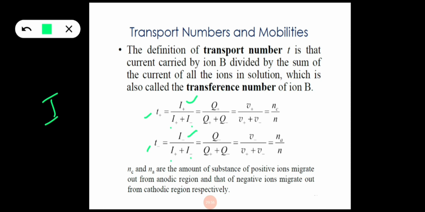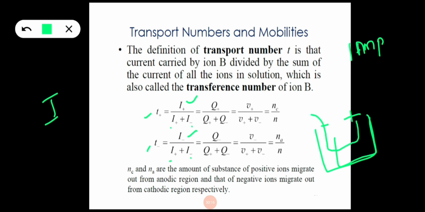If we pass 1 ampere of current through the solution, it will pass through the electrode first, then through the electrolytic solution, and again through the other electrode.